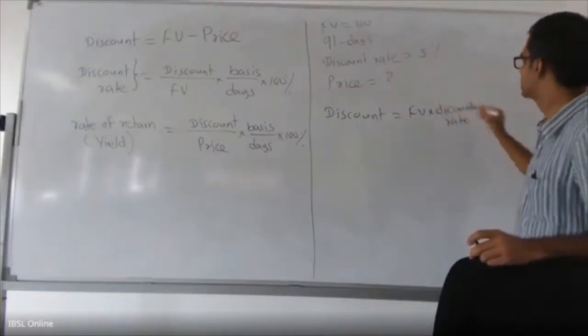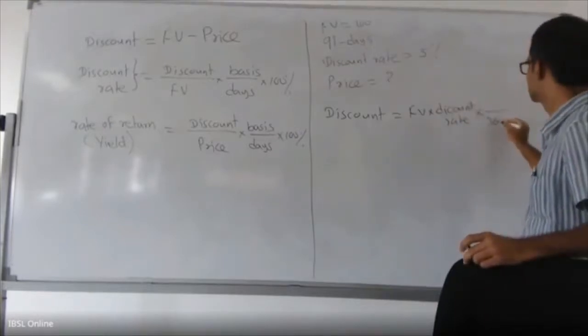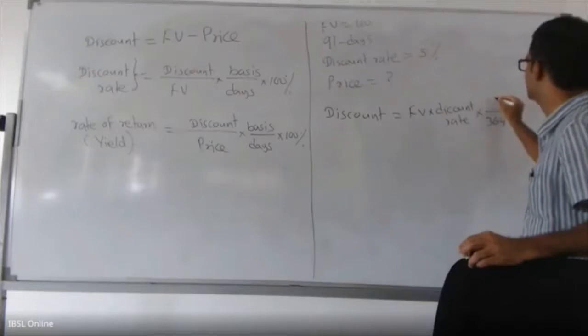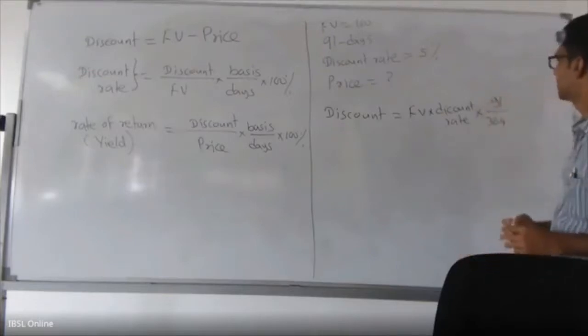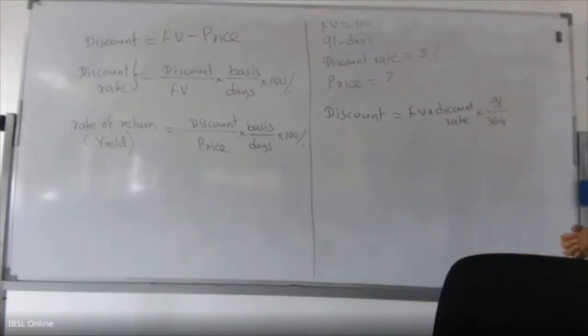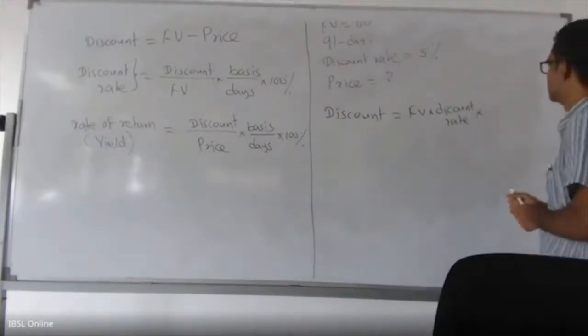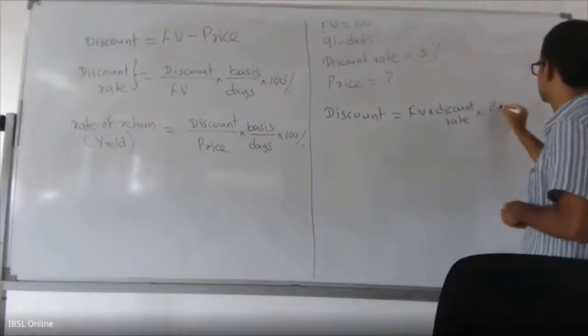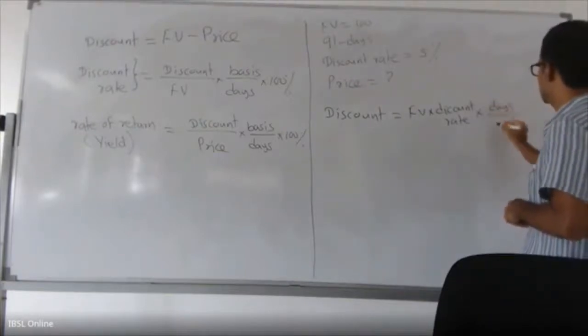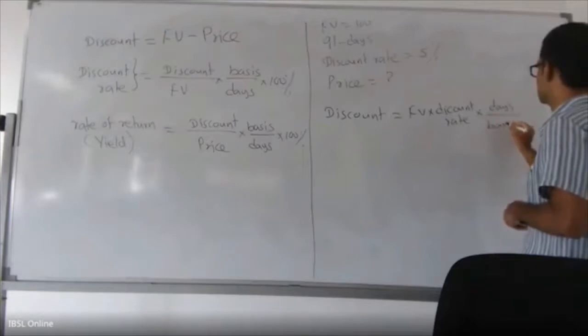This is for 360 days. What would it be for 91 days? Then you get the discount. So therefore the equation is face value into discount rate into days divided by basis.